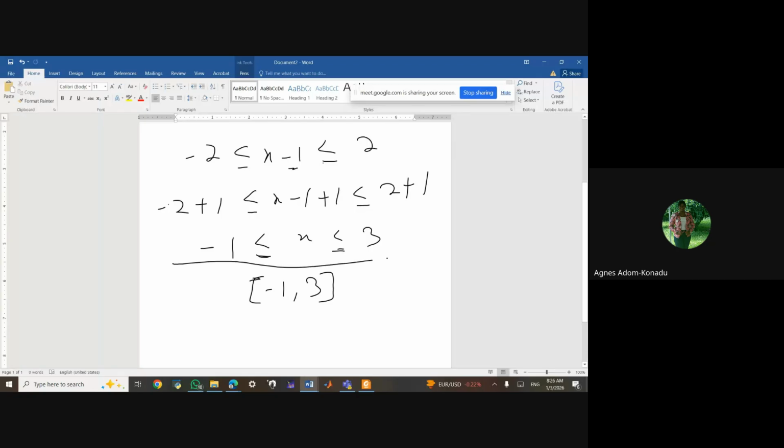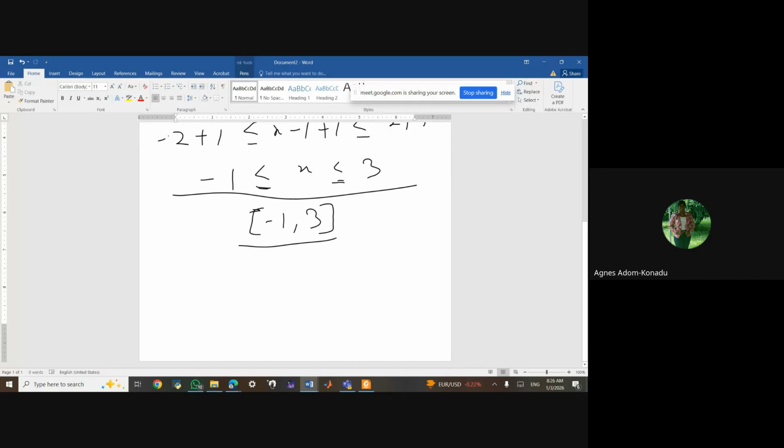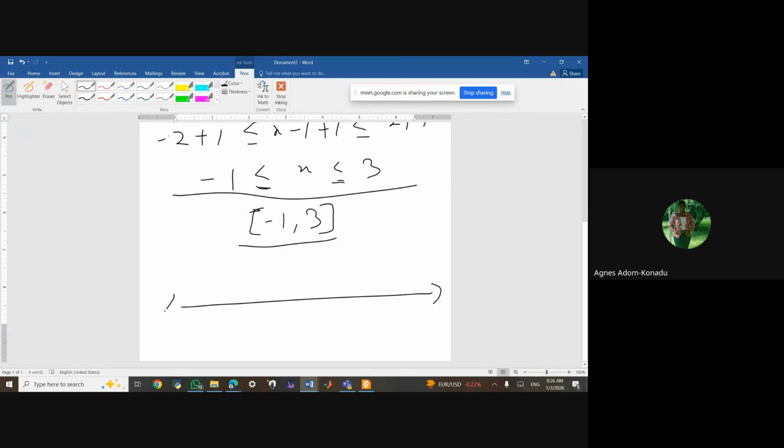So this is the same as this. Now, if I want to represent it on the number line, I have my number line. I have 0 here. I have negative 1 here. I have 3 here.